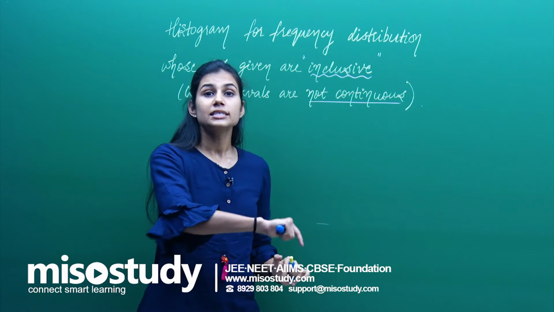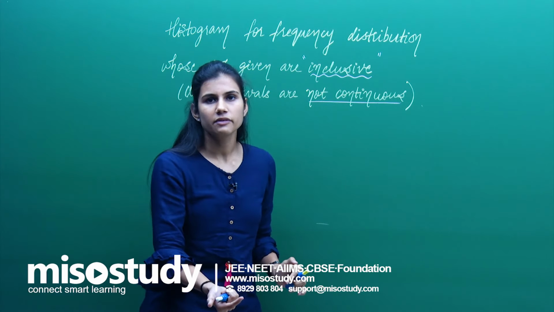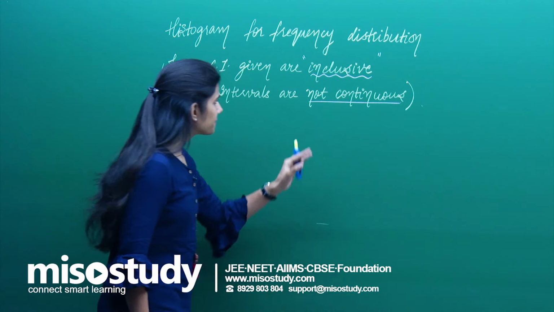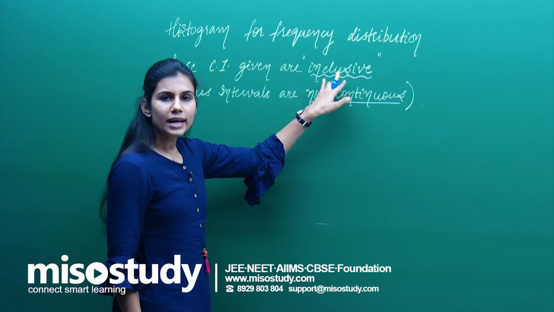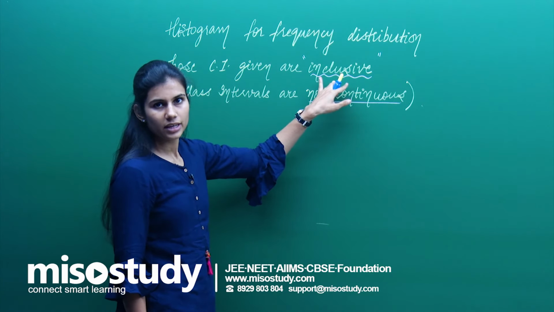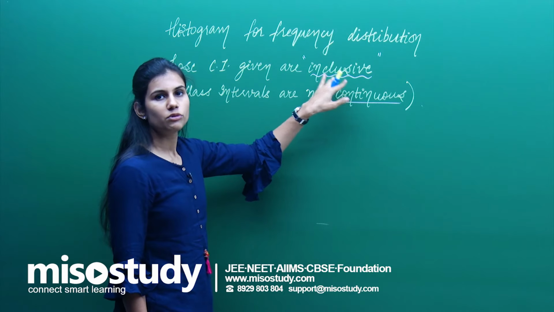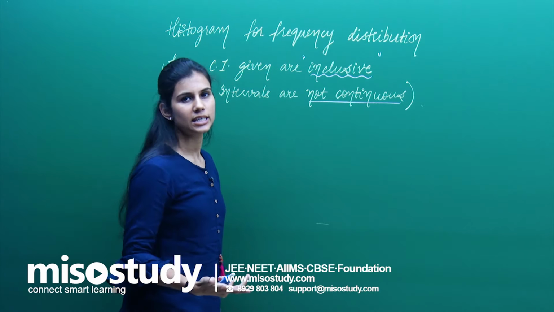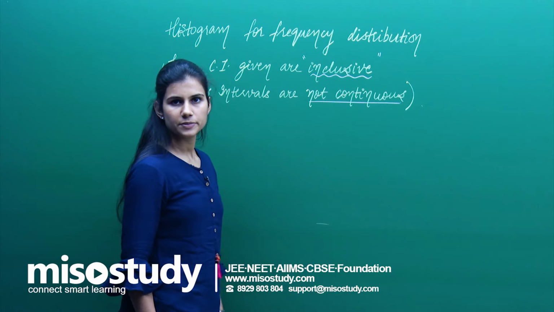It will be included as a value in the next class interval because it is sitting as the lower limit of the next class interval. So over here the lower as well as the upper and everything between the lower and the upper limit is included in a class interval, and the upper limit of a class interval is not equal to the lower limit of the next class interval, which is what makes our distribution discontinuous or not continuous.